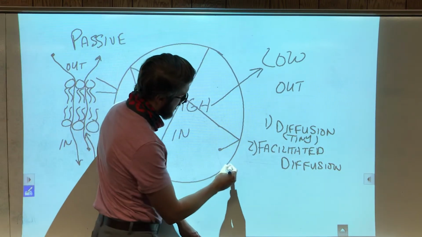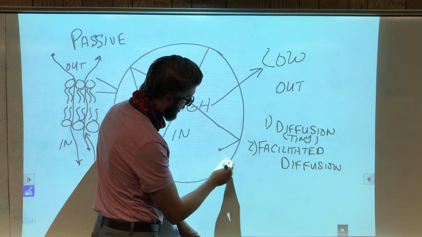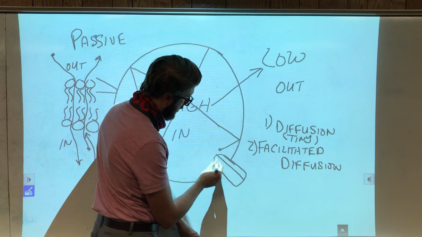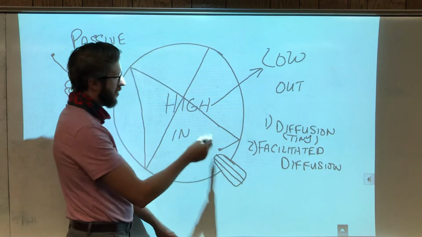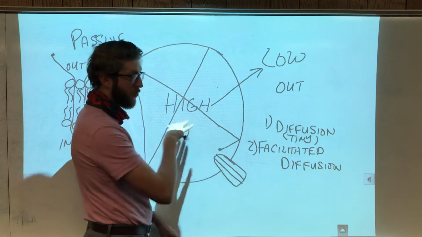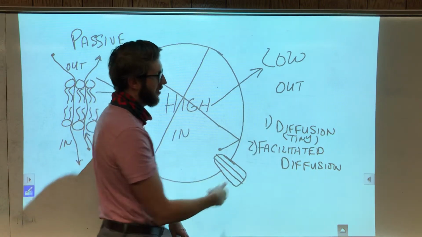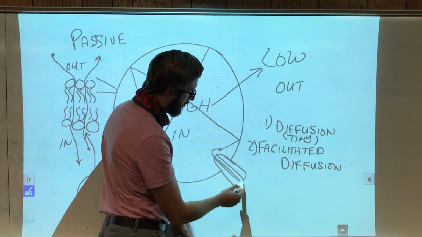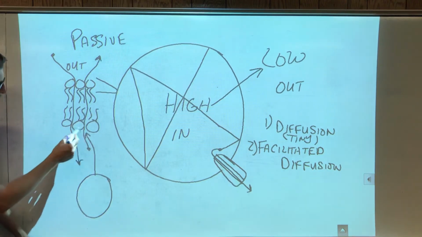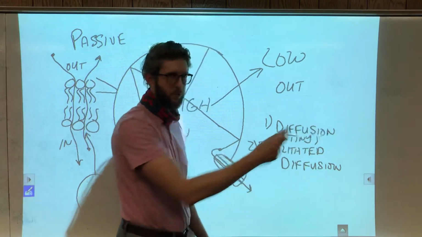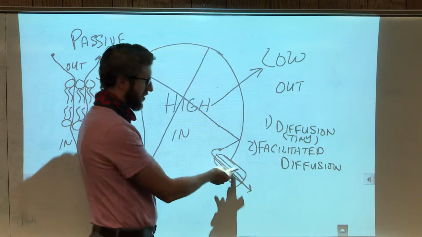However, we can use the same transport protein to go from inside the cell to outside the cell, or in other words, with the concentration gradient, which is passive transport. But because we're too big to squeeze through the lipids in the membrane, we have to go through the door, which is the transport protein.